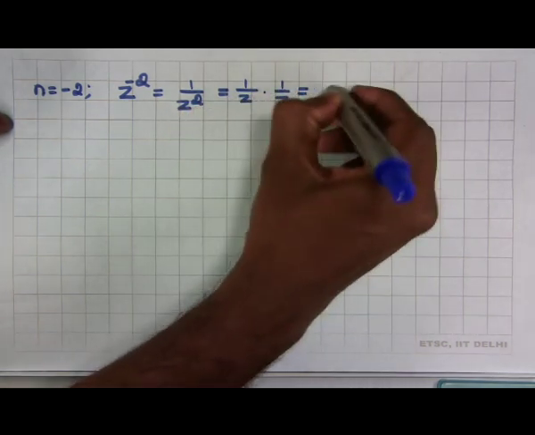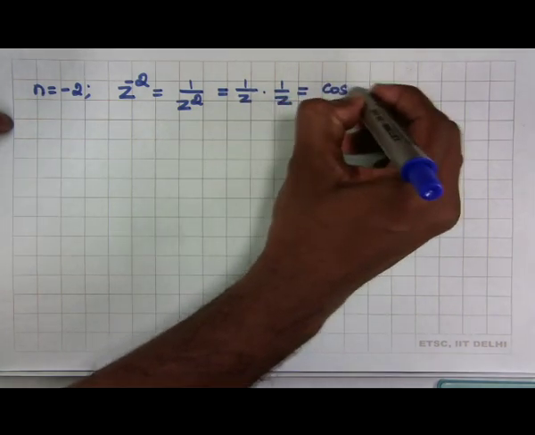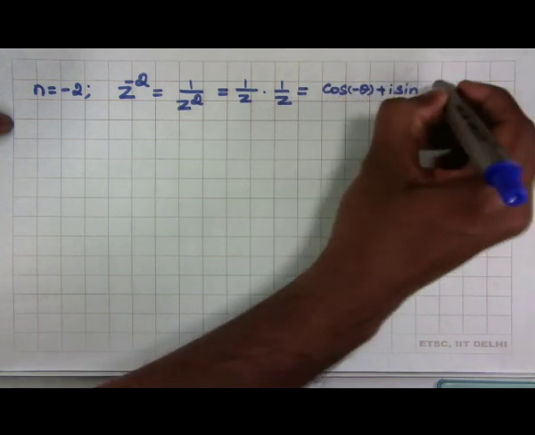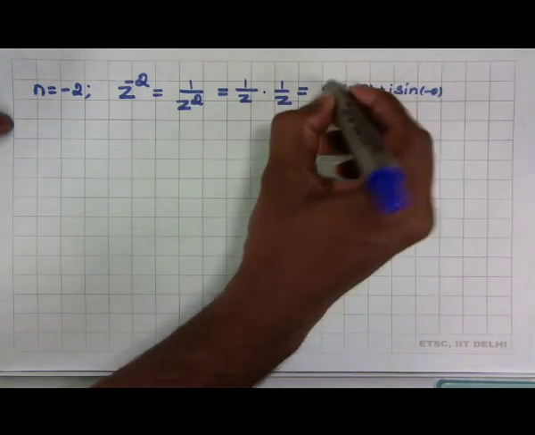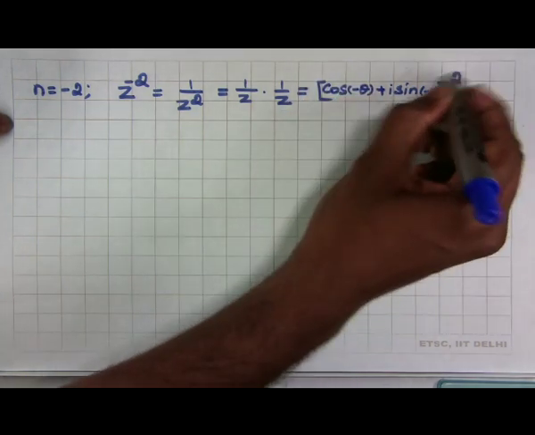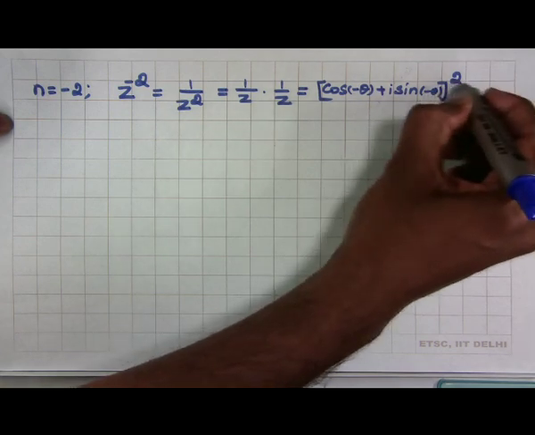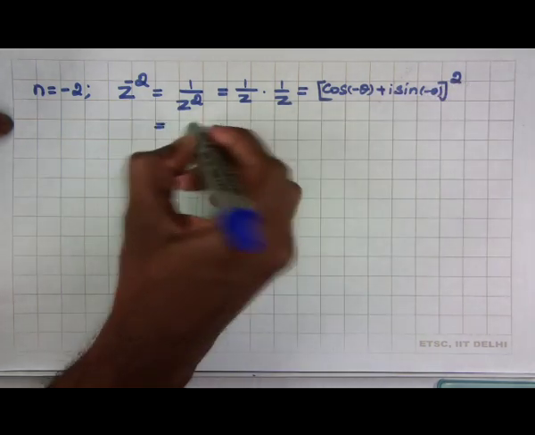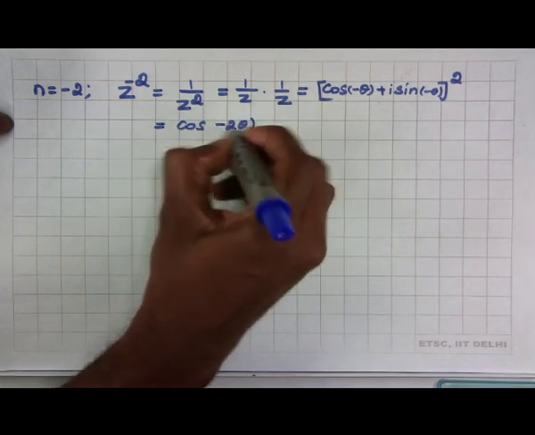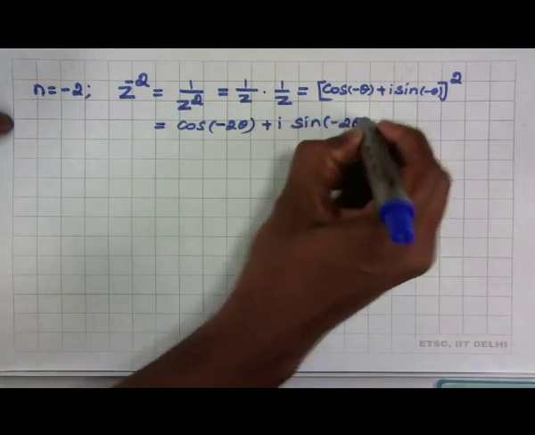Each factor comes as cos of minus theta plus I sin minus theta, so it is basically the same factor squared. By the De Moivre's formula which we derived for positive integers, we get cos of minus 2 theta plus I sin minus 2 theta.